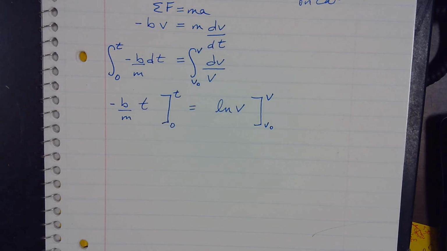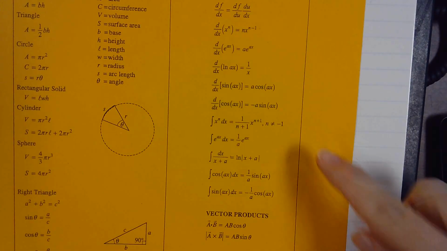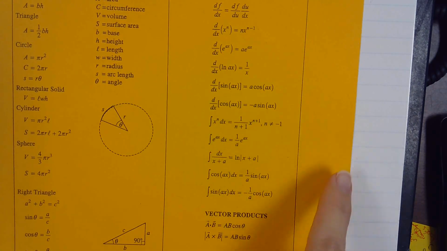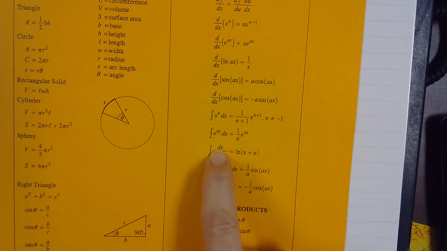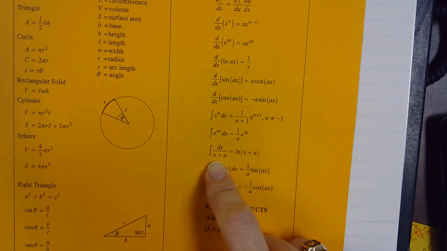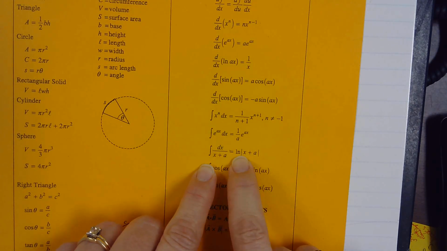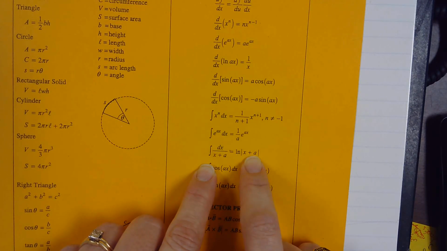And I would point out that's on the formula chart. Here we go. So the integral of x in the denominator is the natural log, and then they added a constant to it, so it's the natural log of the thing plus the constant. Okay?